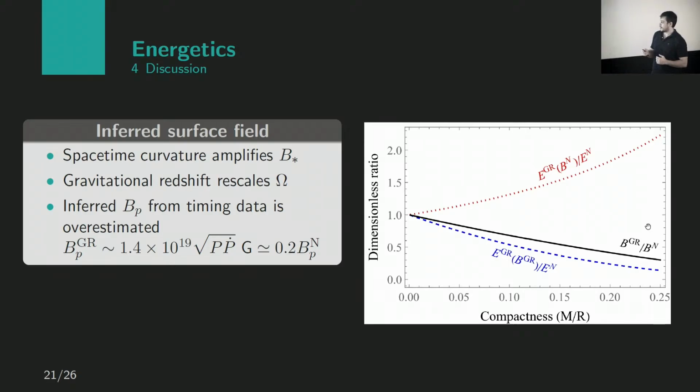Okay, I'm going to try to explain this because it's always difficult to get the message. So if you consider a relativistic magnetosphere with a fixed magnetic dipole moment to determine the surface field, the relativistic corrections will give you a higher value than the Newtonian case.